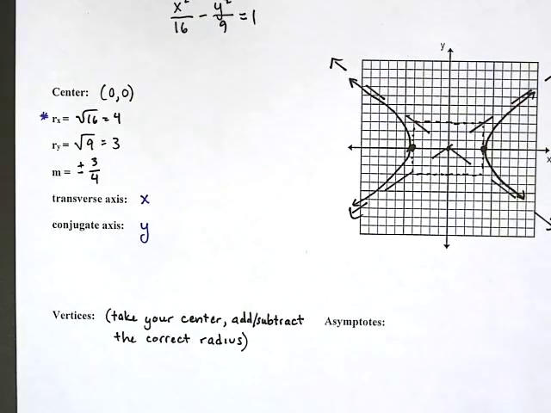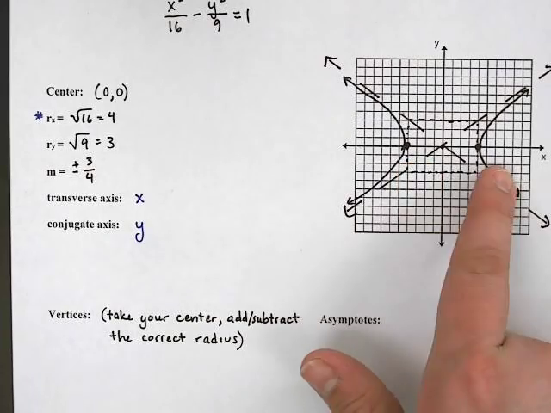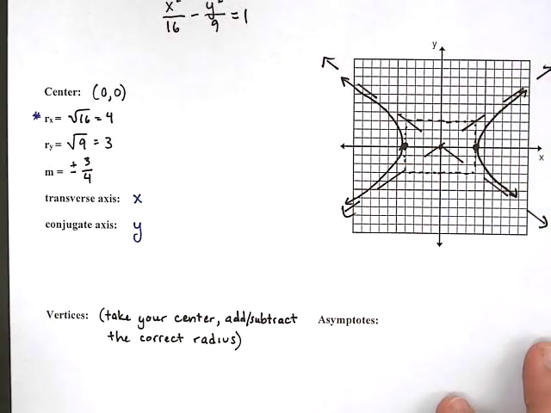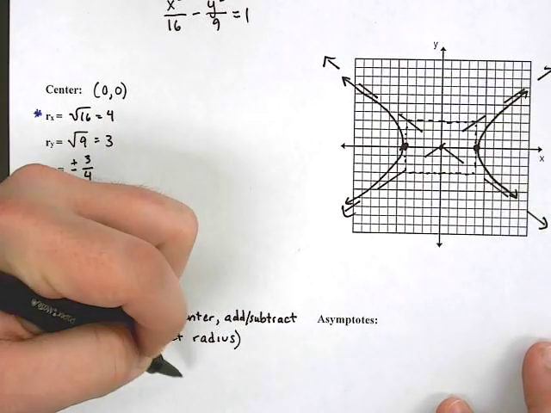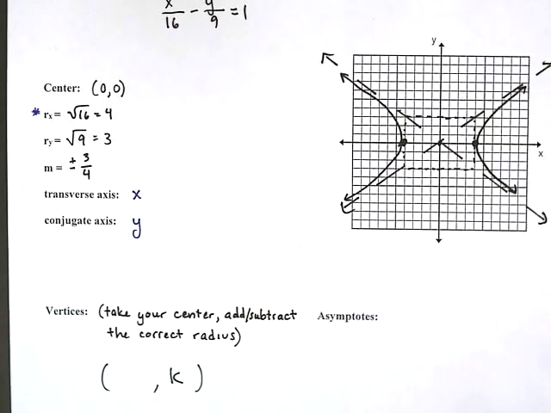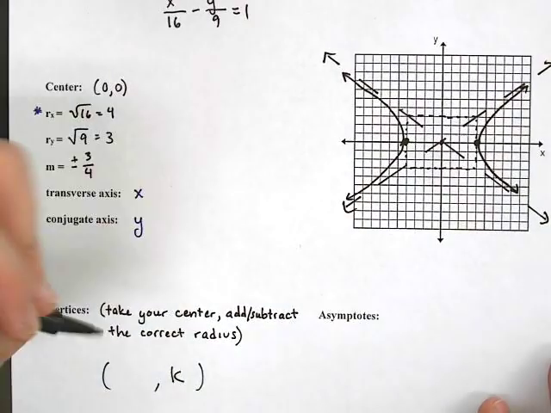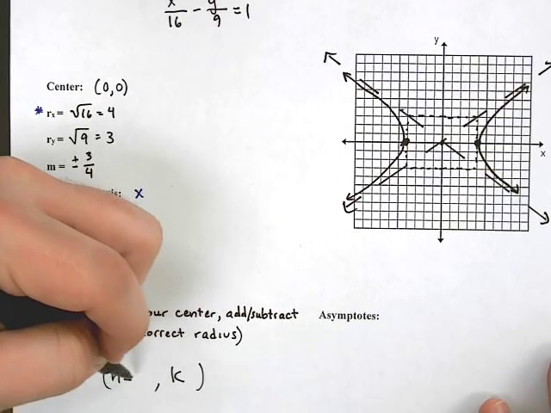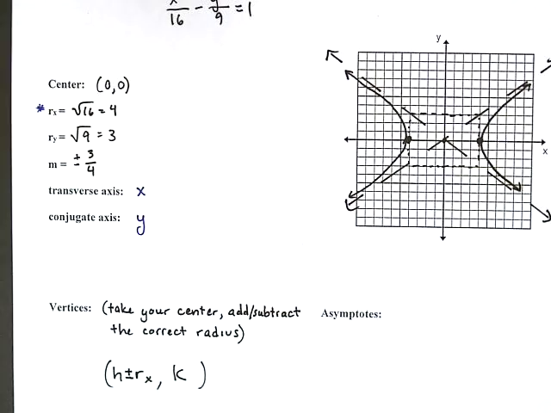What I mean by that is, in this situation, because the transverse axis was the x-axis, k is going to stay the same. But I'm going to have to take h and add or subtract r sub x.